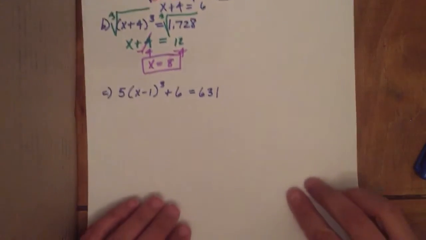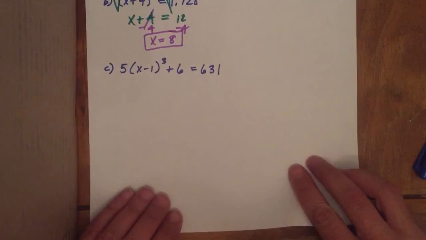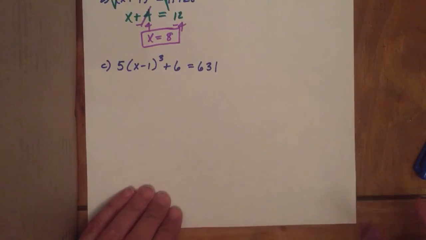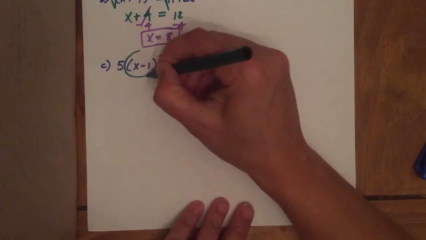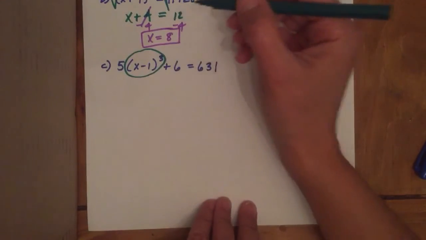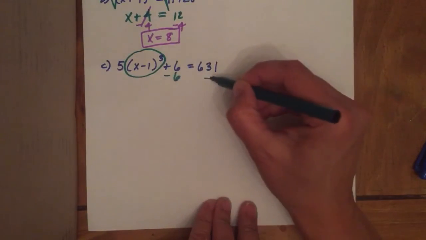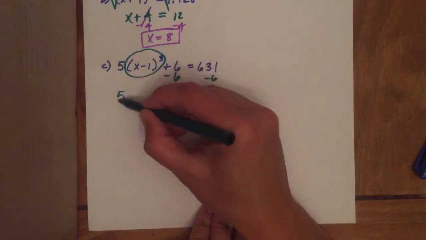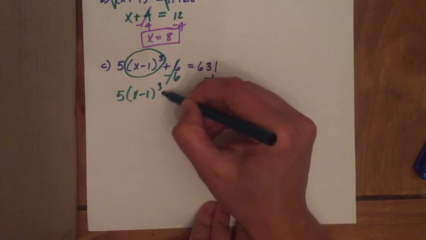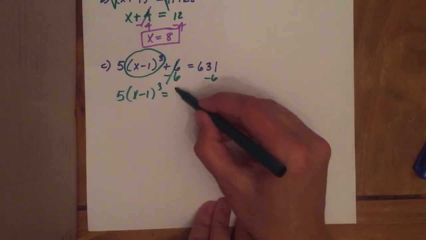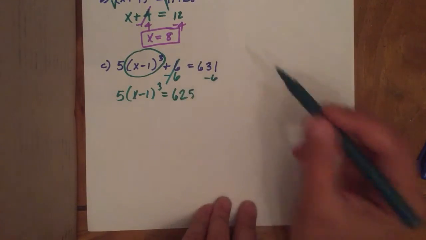So let's look at the final example for exercise number 12. Again, this is what I want to isolate. I'm trying to solve. So the first thing I'm going to do is subtract that 6. Now I'm left with 5 times x minus 1 cubed equals 625.